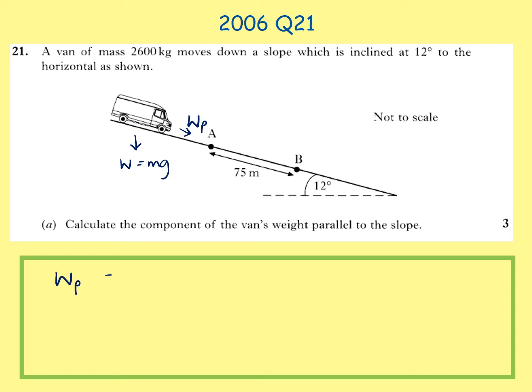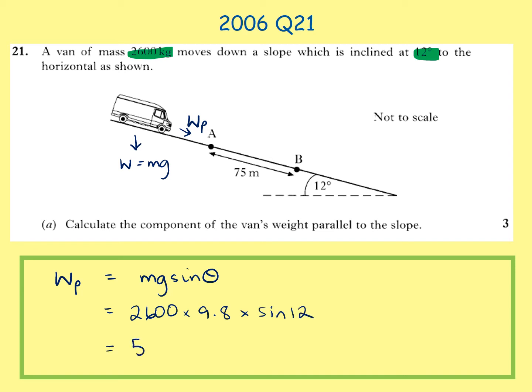So our weight parallel to the slope is equal to mg sine theta. We've got our mass in the question there, that's 2,600 kilograms, and we have our slope, which is at 12 degrees, so we can put these numbers in. 2,600 times 9.8, which is g, times sine of 12. This gives us an answer of 5,298 newtons.